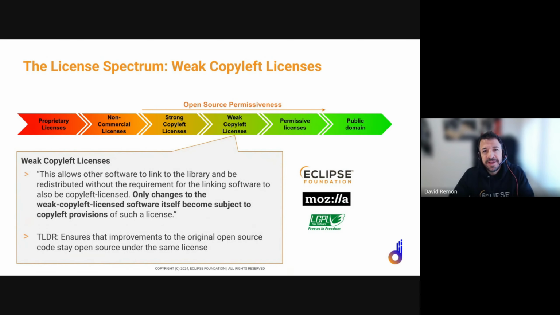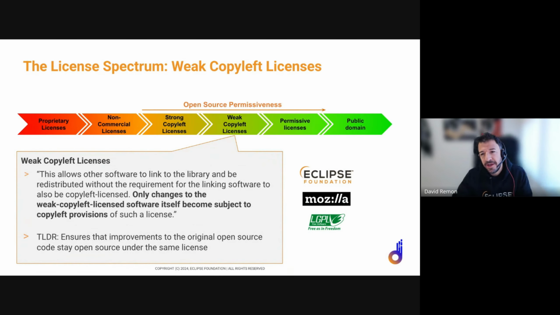We move to the famous weak copyleft licenses, where we can have LGPL3 or Mozilla license. In this case, these licenses tell you that you can use this software for your purposes, and only the changes or improvements to the original weak copyleft software have to stay under this license.